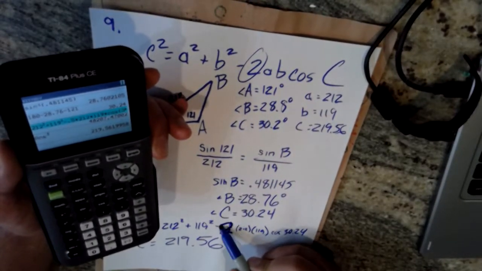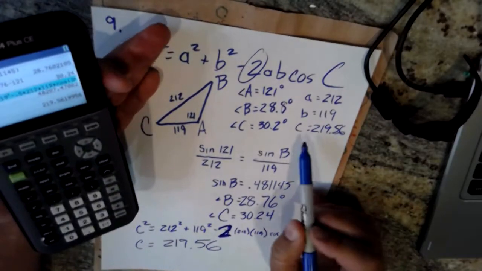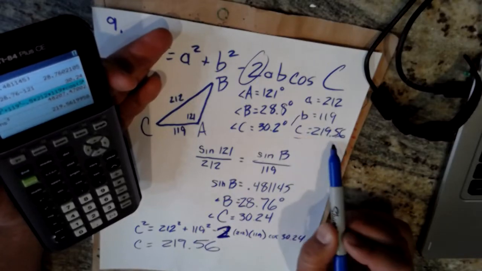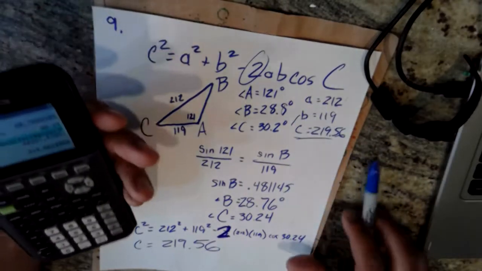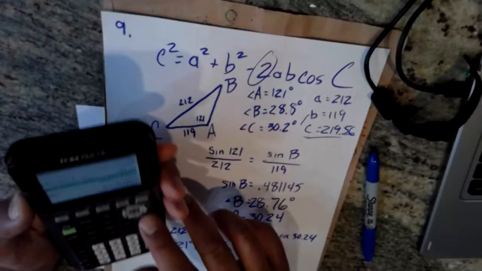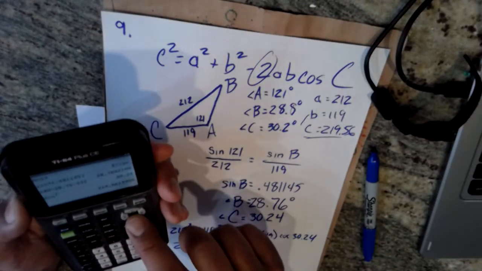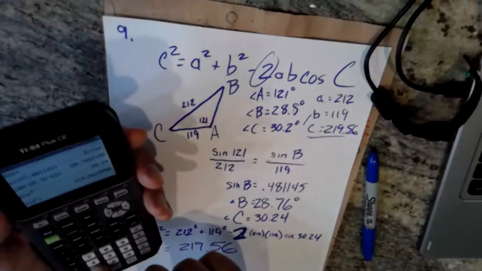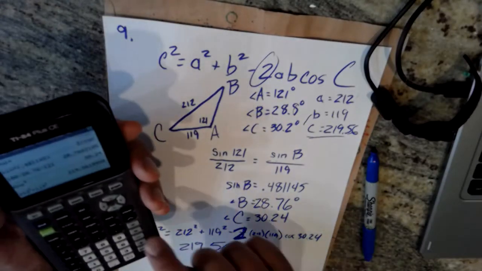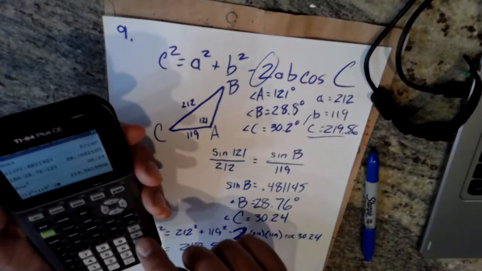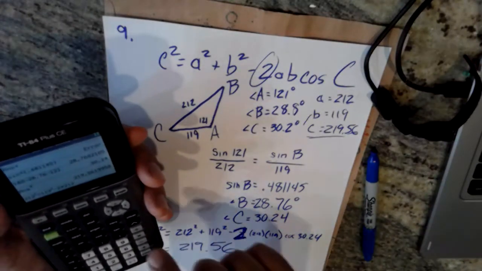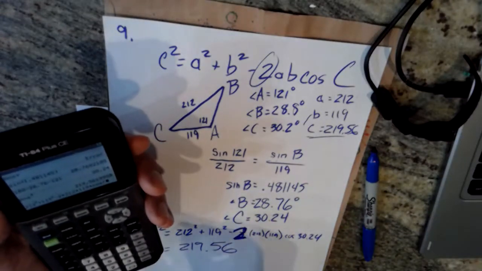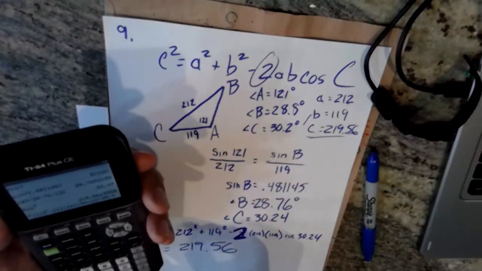Now, this is actually an important moment. How did I know I did it wrong? Well, these two should be very close in size, and C certainly shouldn't be more than A. So let's type it back in again. Okay. 212 squared plus 119 squared minus 2 times 212 times 119 times cosine 30.24.